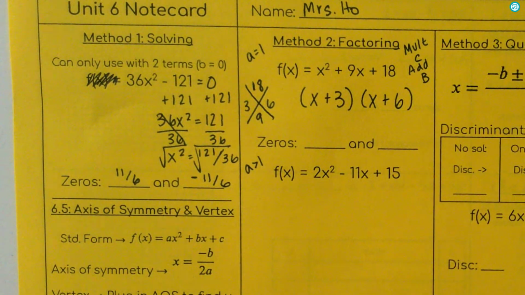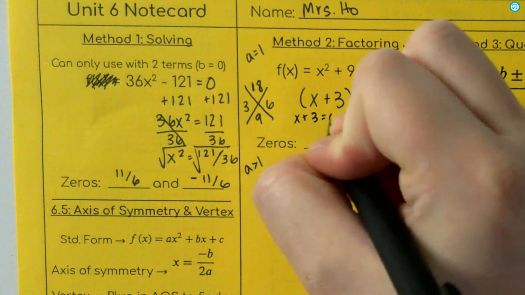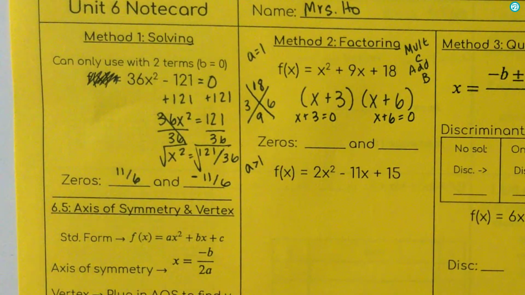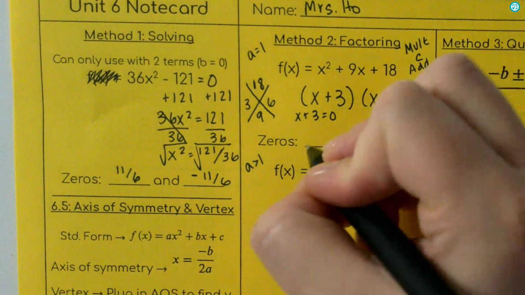Okay, then a reminder of what happens next. Once we factor, we set each factor equal to 0. So now we're going to have x plus 3 equals 0 and x plus 6 equals 0. You can write down this step if you want. You do not have to on your test because we know you can do these in your head. Because right here when we go solve, we'll subtract 3 from both sides.